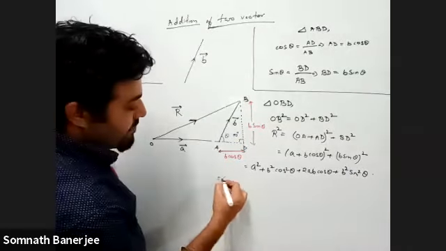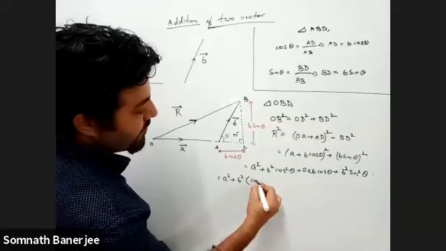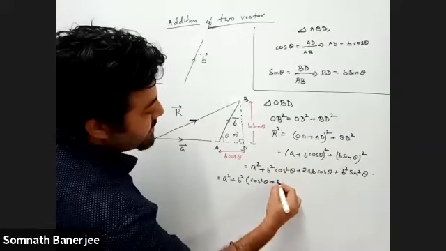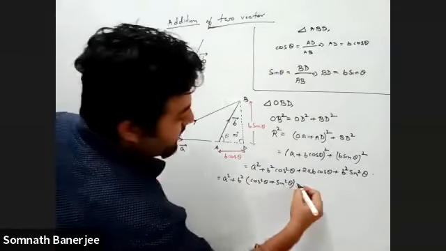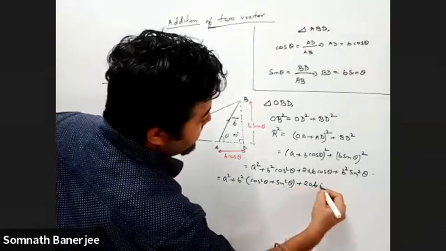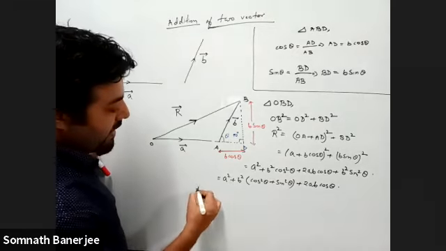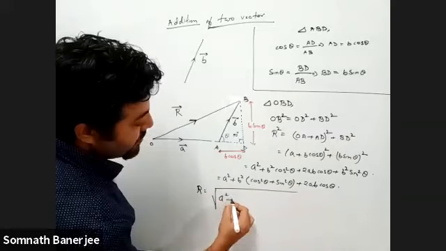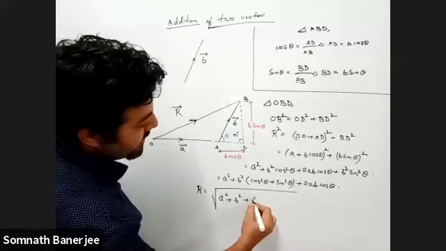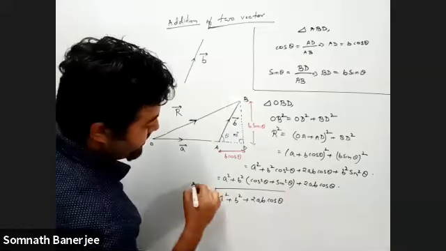So now from this, A square plus B square (cos square theta plus sin square theta) plus 2AB cos theta. So R equals root under A square plus B square plus 2AB cos theta.